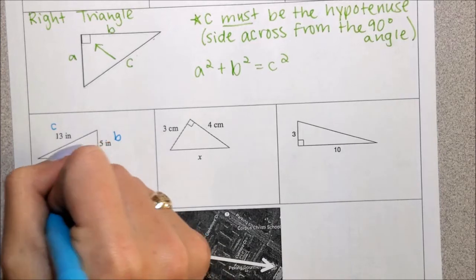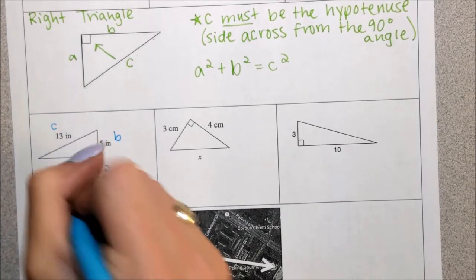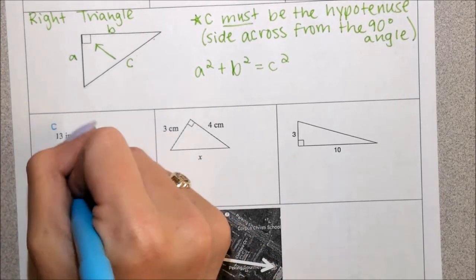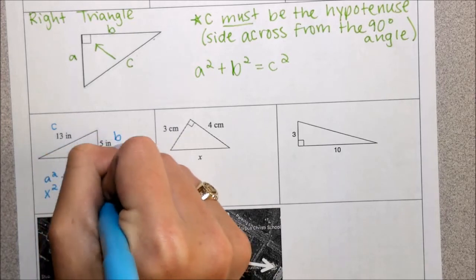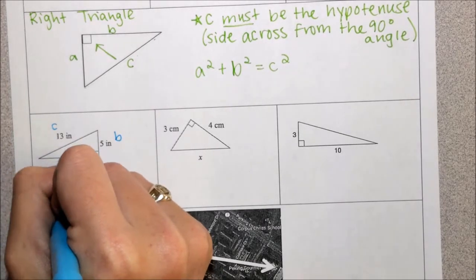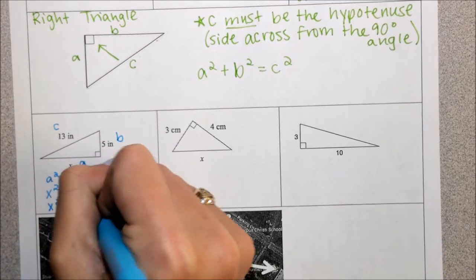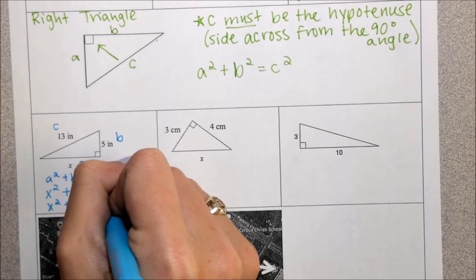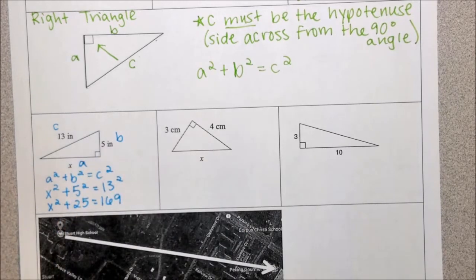My a here is x, so x squared plus 5 squared equals 13 squared. Using my calculator, I get x squared plus 25 equals 169.